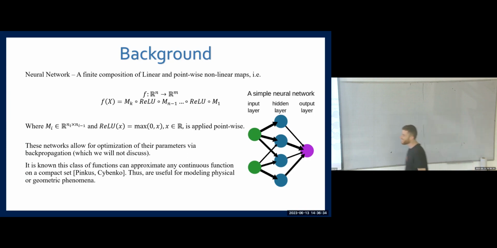So it's just the maximum between 0 and x. It's a very simple function. And these networks allow for very efficient optimization of the parameter space. That's why they're used. And also, pretty surprisingly, this very restricted class of continuous functions are able to approximate any continuous function in a compact set.